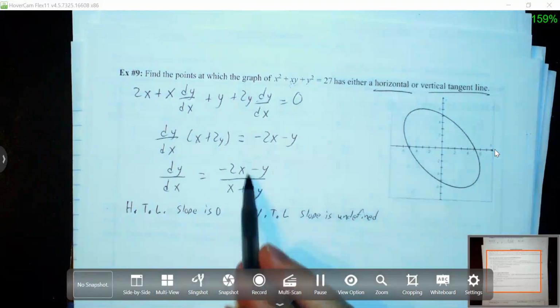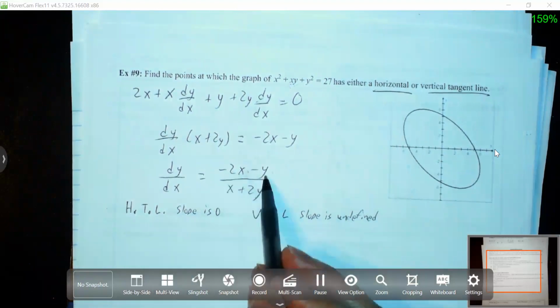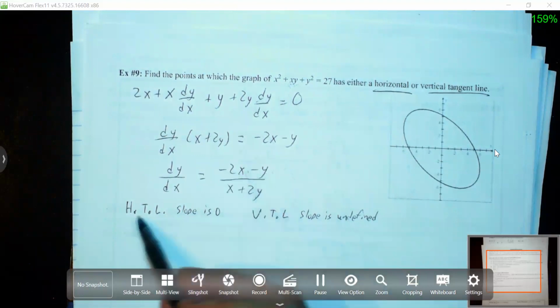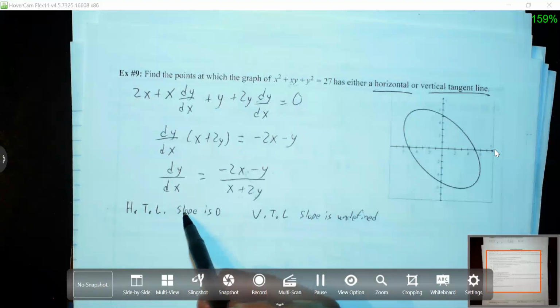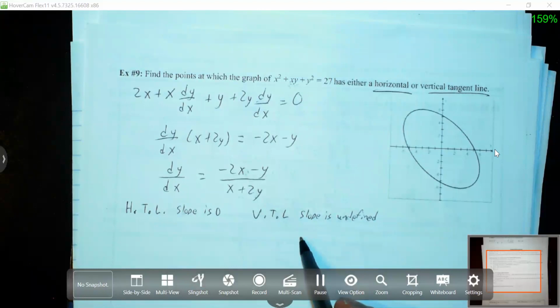So if I have this as my equation for the slope, the horizontal tangent line is when the slope is 0, so that's when the top is 0, right? If the top is equal to 0, then my slope is 0. However, to find the vertical tangent line, the bottom is going to equal 0. Because if the bottom is 0, then I have an undefined slope. So, I'll have a vertical tangent line.